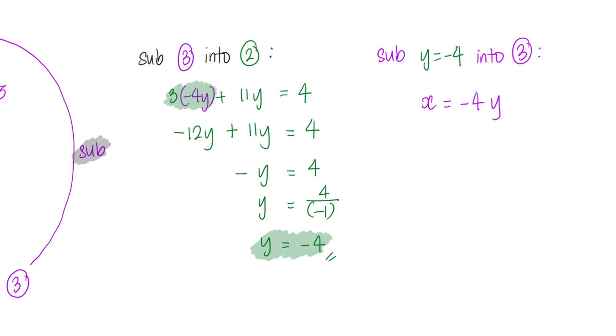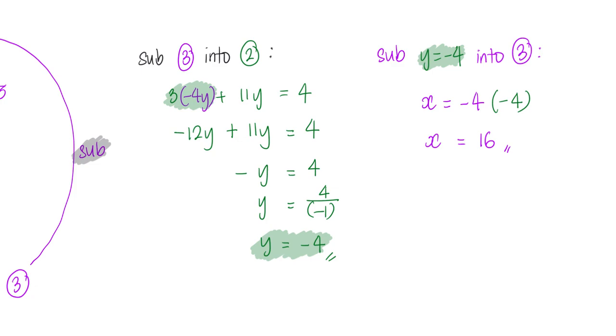And what is my y? My y is negative 4. And so you no longer see Mr. Tang writing y anymore. Instead, I'm going to write it as negative 4. Final answer, x equals positive 16.